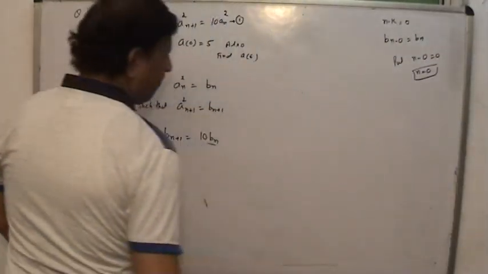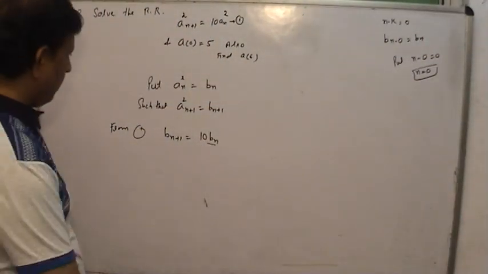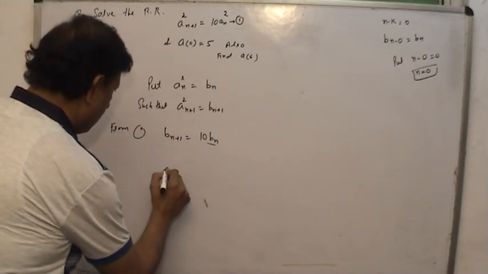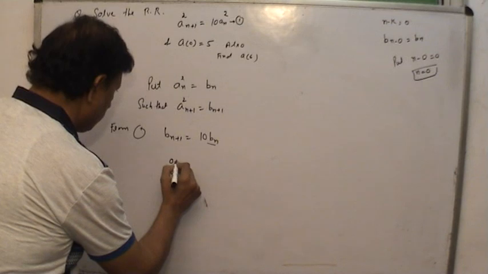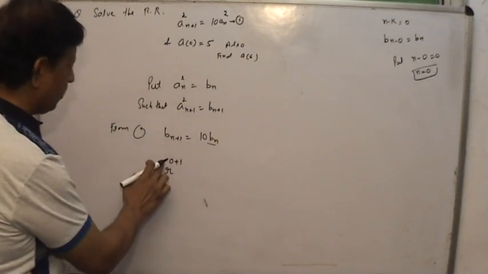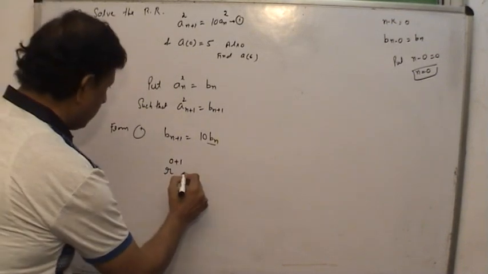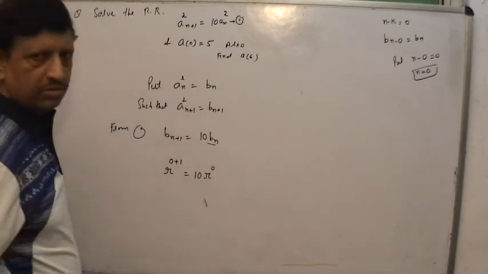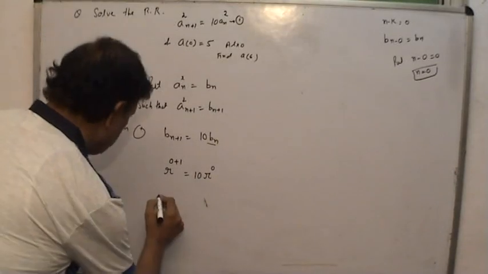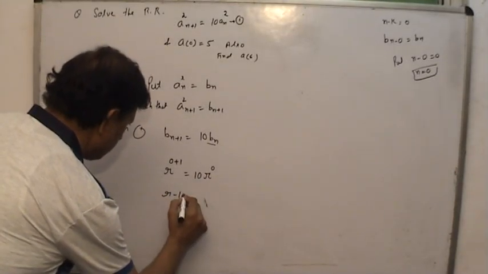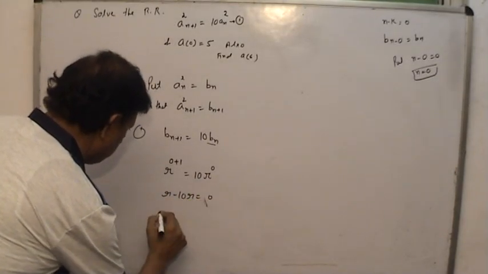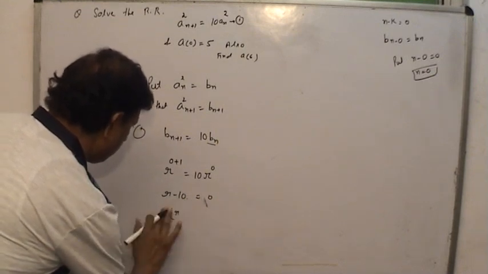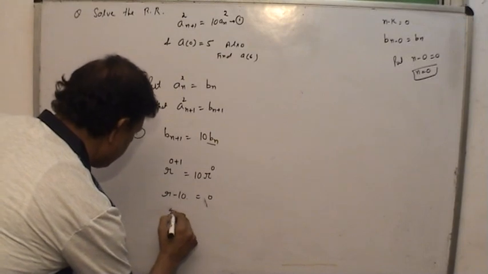And we consider another variable, say r, corresponding to these terms. We write r raised to the power 0 plus 1, here the 0 is for n, that is equal to 10 times r raised to the power 0. That is r minus 10 is equal to 0.